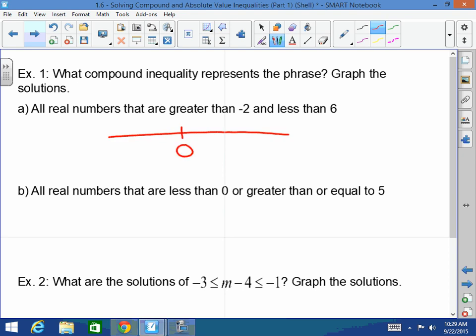Always put a 0 as a reference point, and then I have a negative 2, I have a positive 6. So all numbers that are greater than negative 2, parentheses, and I'm going that way, but wait, they're also less than 6. So parentheses coming in this way. And you're done. How would I write this in interval notation?